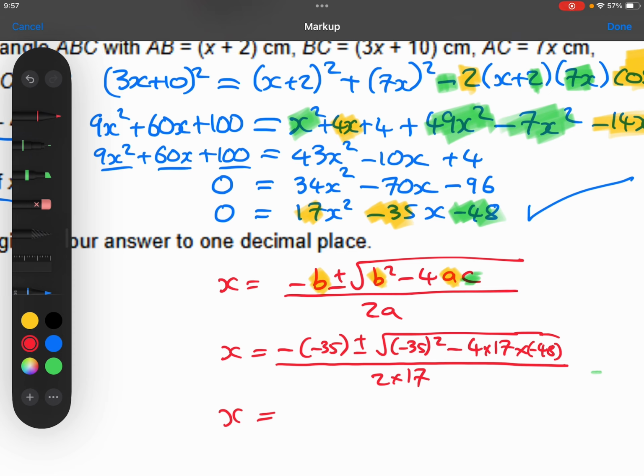So putting that in our calculator, we find that x is either 3 or minus 16 over 17.